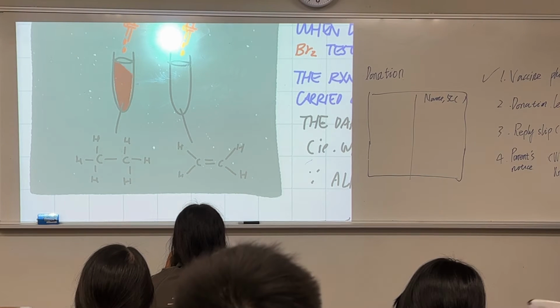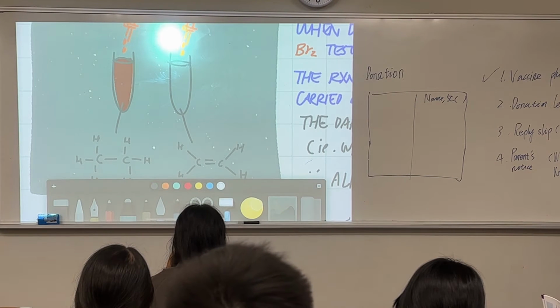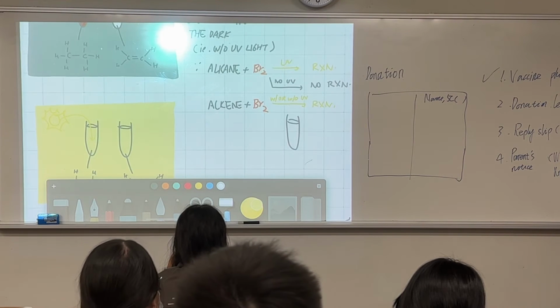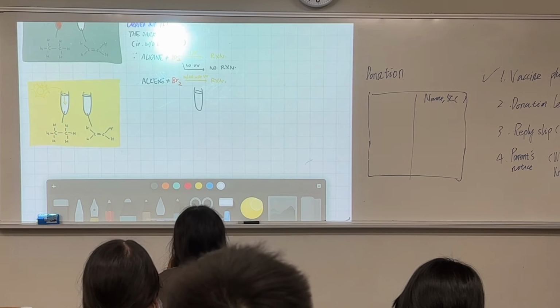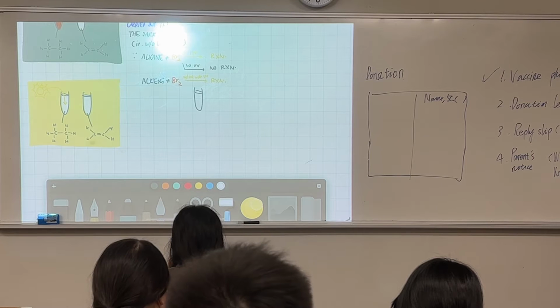Yeah, alkane will remain orange, and the right one will turn colorless. Of course, colorless doesn't mean white, but I'm making it more clear in here. And below, they will both turn colorless in sunlight. This is why the test must be conducted in the dark. If you do it in bright daylight, you will still not be able to tell them apart. This is actually the test for the C=C double bond.